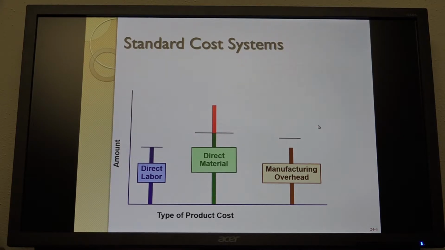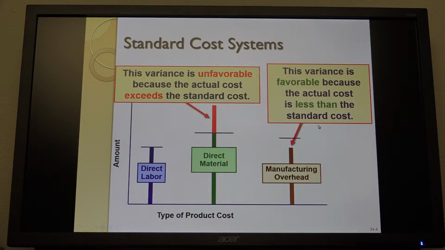Now, if you have actual costs that are above the standard costs, that's considered by management to be unfavorable. If the actual cost is less than standard cost, then you have a favorable variance.